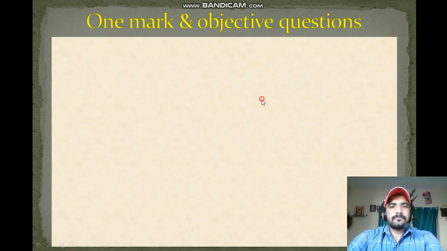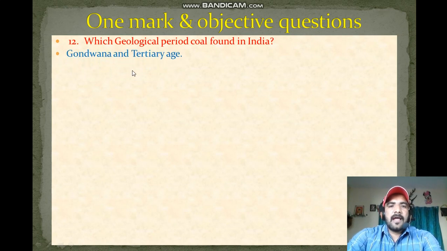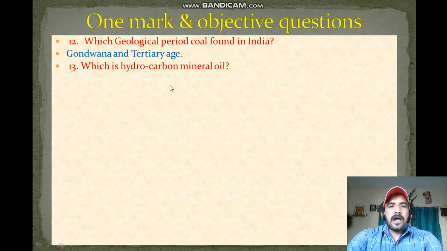Next question, in which geological period is coal found in India? That is in the Gondwana and Tertiary age. Next one, which is the hydrocarbon mineral oil? Petroleum is the hydrocarbon mineral oil.